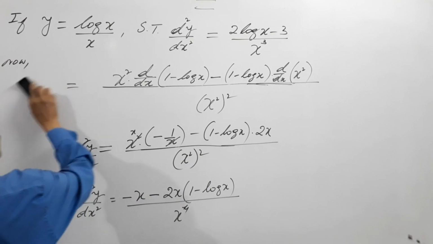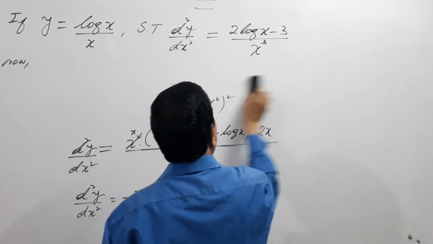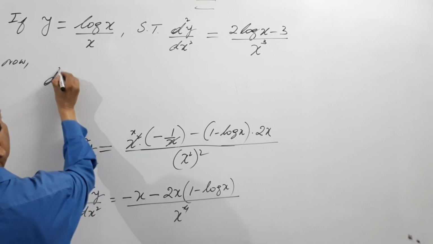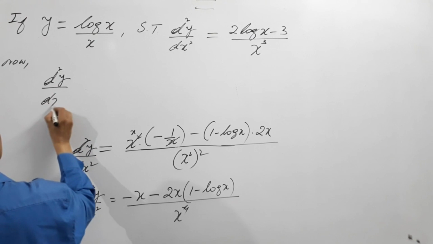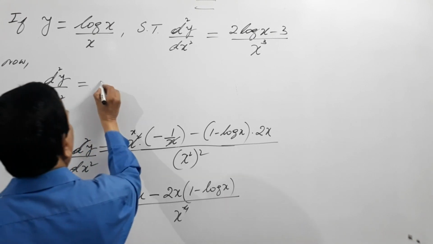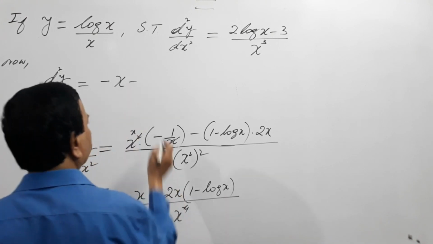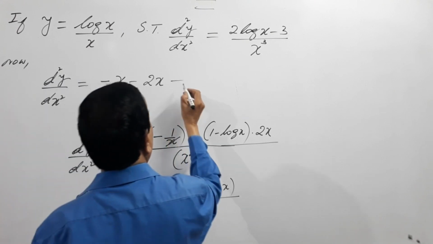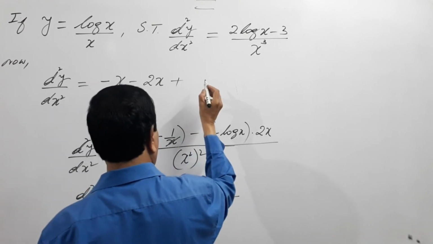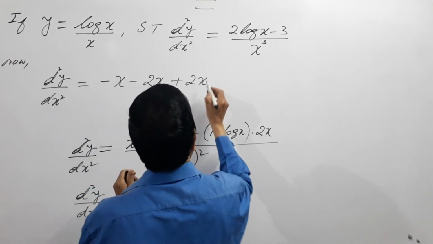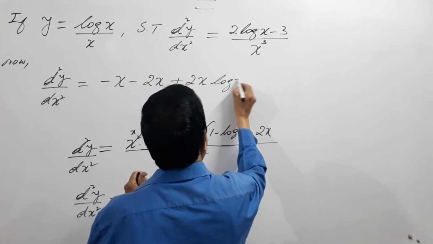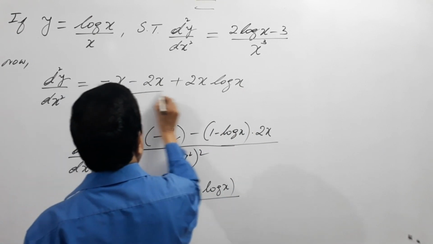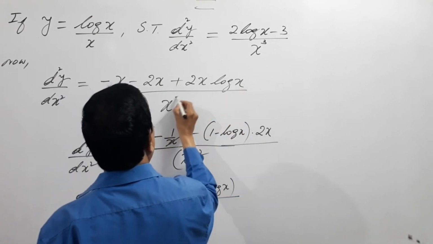So verify this. d square y by dx square equals minus x minus 2x, minus into minus, so this will be plus 2x log x, divided by x to the power of 4.